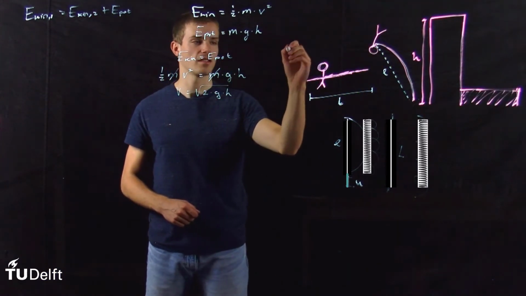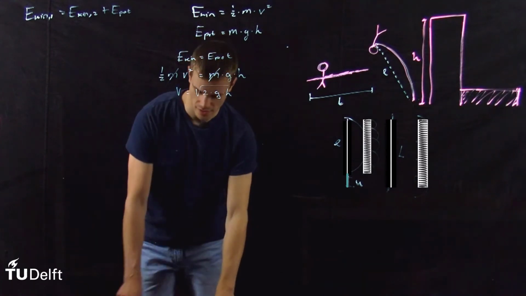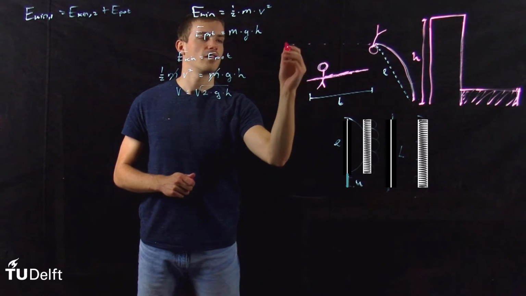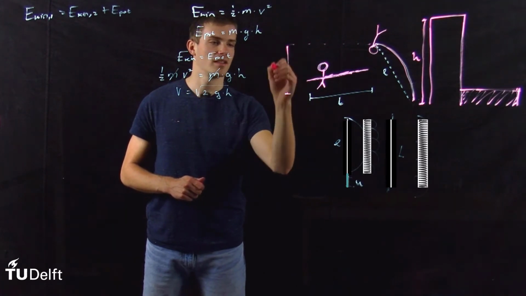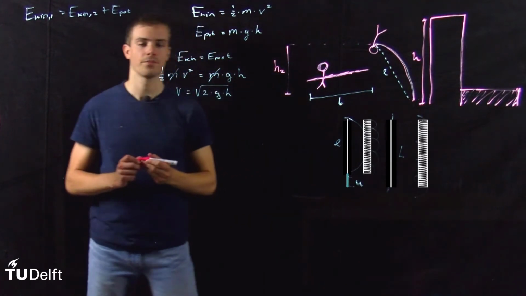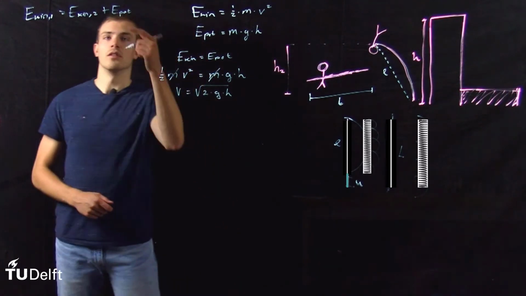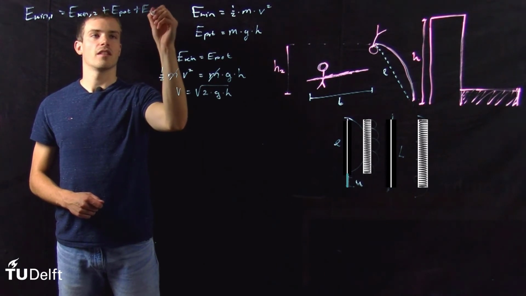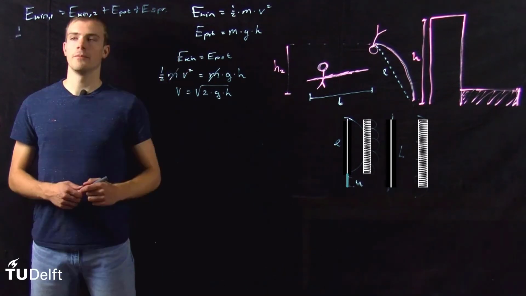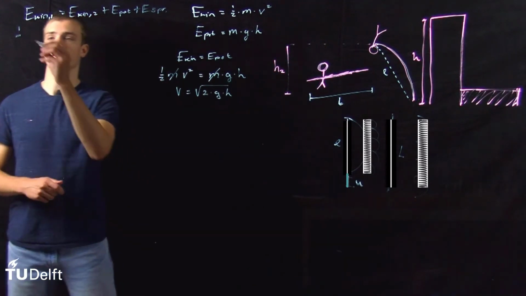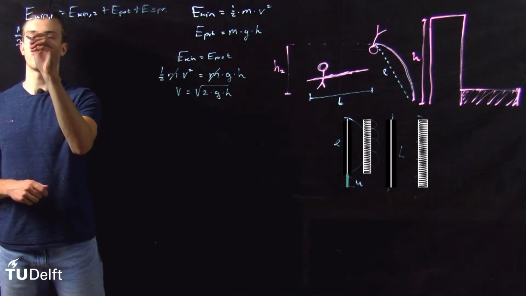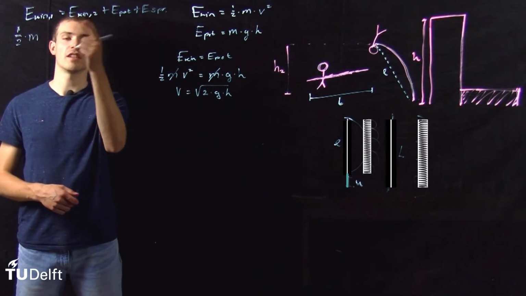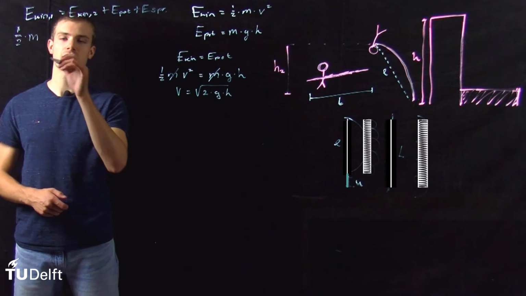He also has a certain height, which we can write as height 2. So the potential energy at this point plus the energy of the spring. We can write this formula as follows: a half times the mass of the jumper, which doesn't change. So the only change in those two kinetic energies is the velocity.